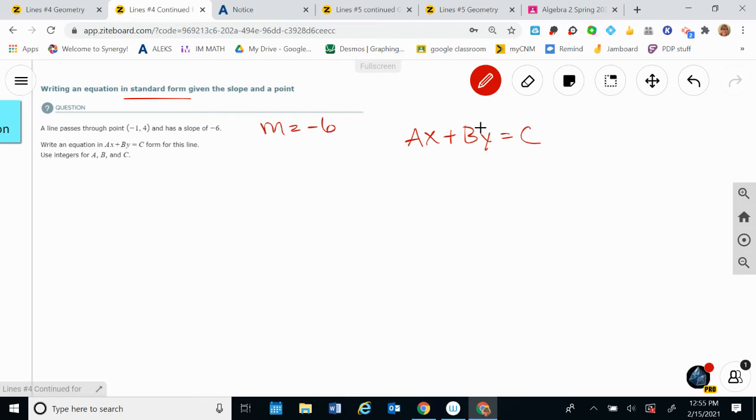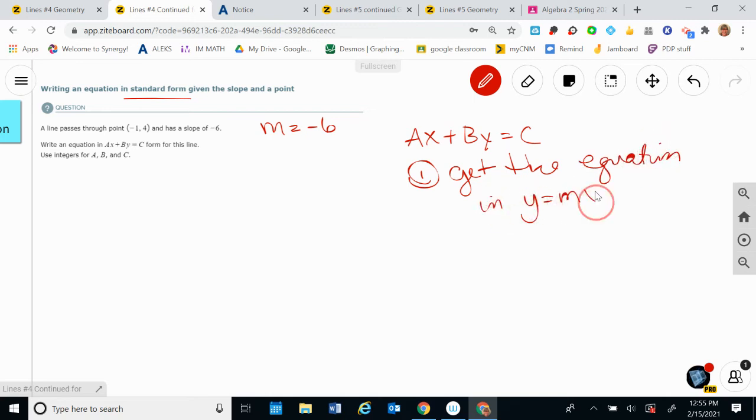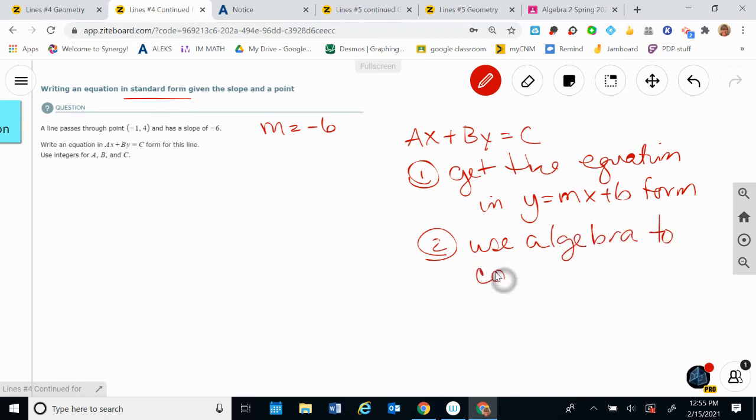So what I want you to do is first get the equation in y equals mx plus b form, and then use algebra to convert it to standard form. Okay, this is going to be the simplest way.